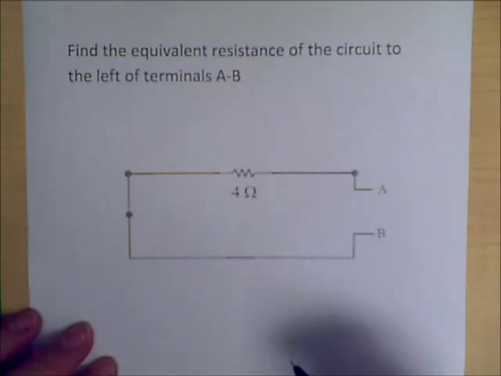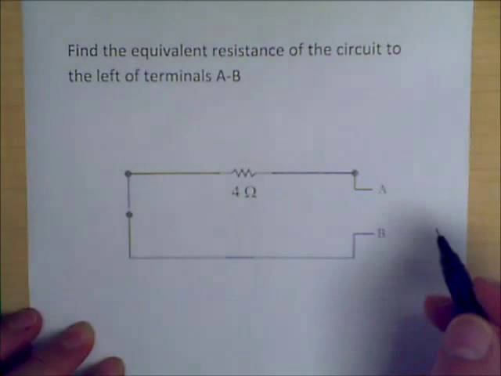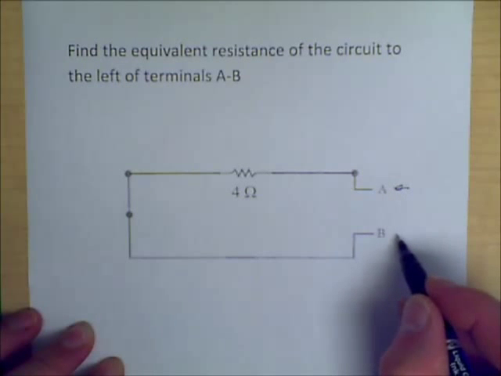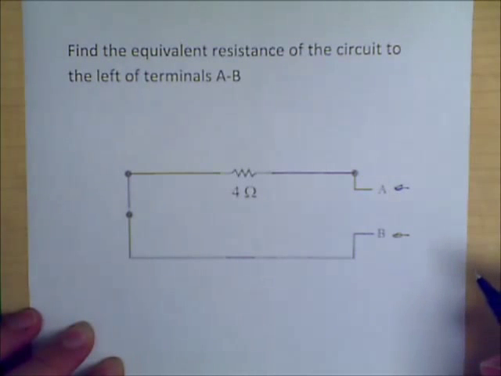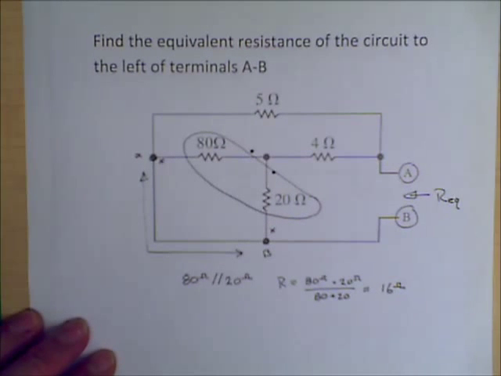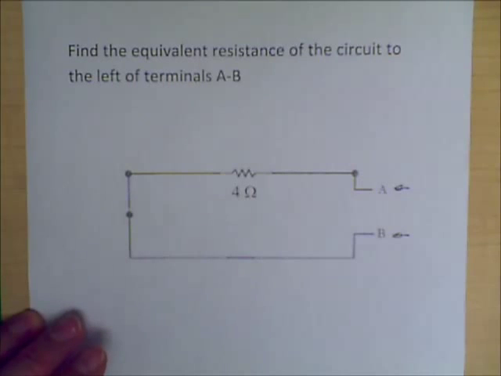The equivalent resistance between terminals A and B is a 4 ohm resistor, and as far as the terminal properties are concerned, whatever happens to terminals A and B, a 4 ohm resistor is exactly the same as our original circuit, which was composed of a number of resistors in series and parallel. And so we can replace all of that with one single 4 ohm resistor.